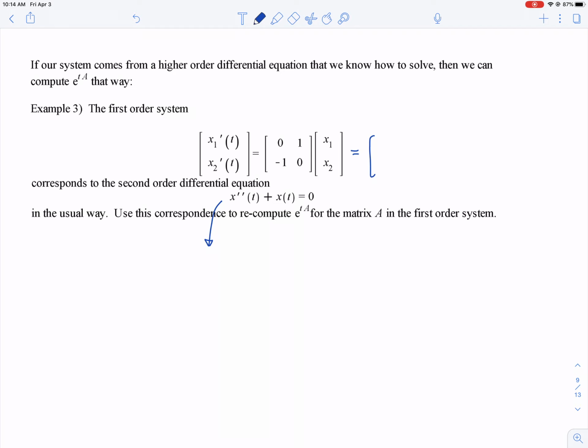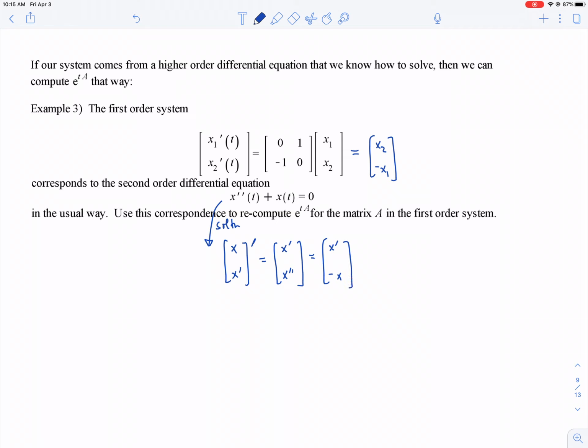Let's just take a tiny second to check it. So let's see. Ax is x2, minus x1. If I have a solution to the second order DE, then x prime is x prime, x double prime.